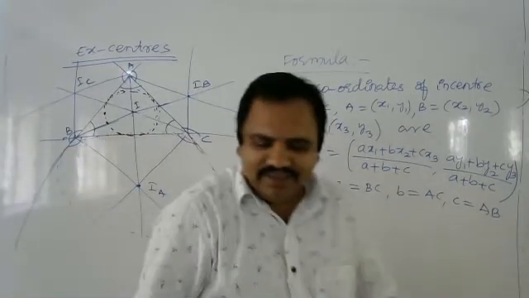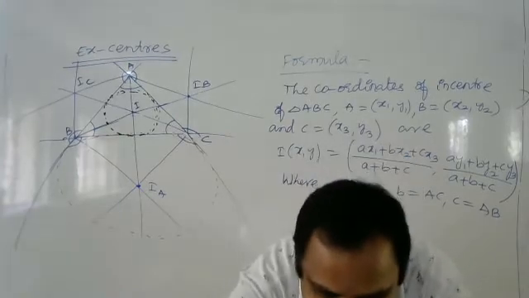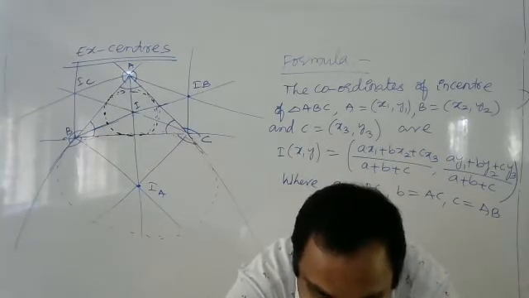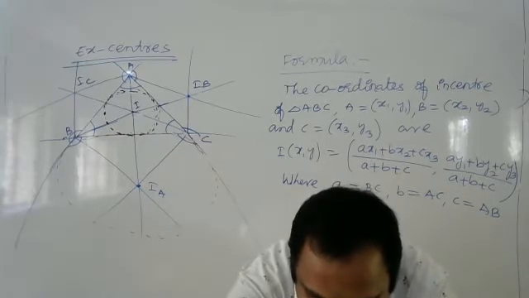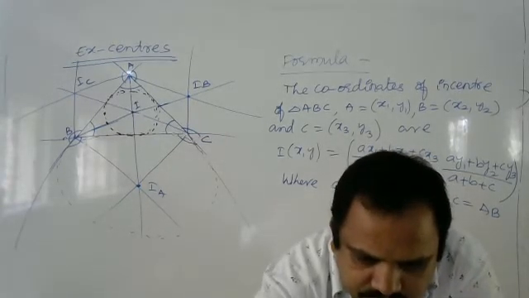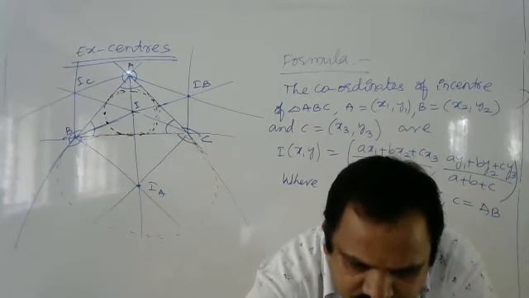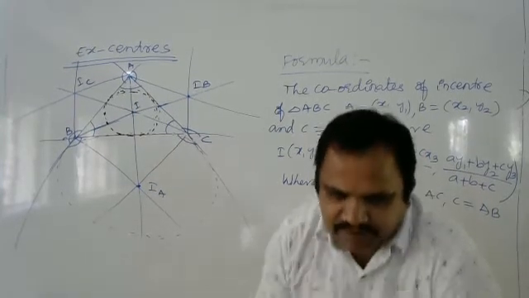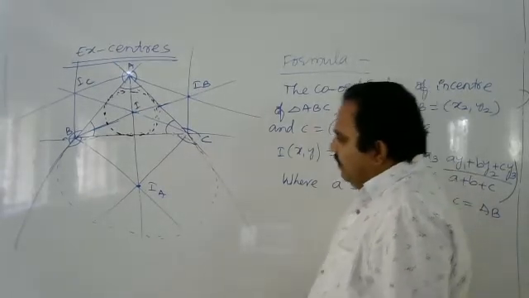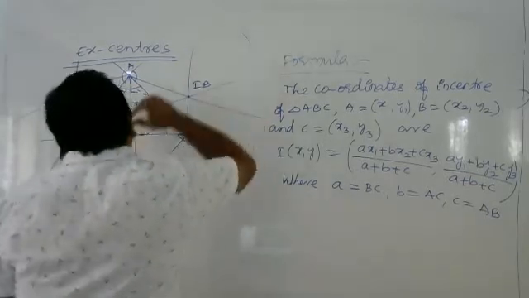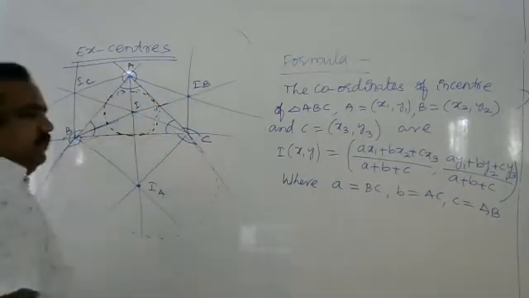Able to see something better? Able to see the diagram? Okay, done. So one circle I have written. Same here also one more circle will come like this, and here also one more circle will come.